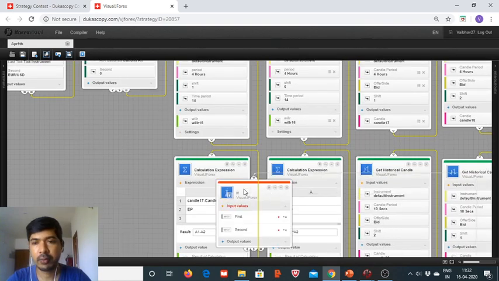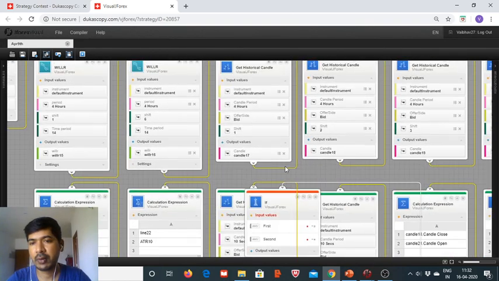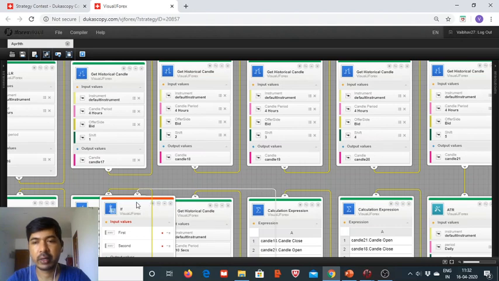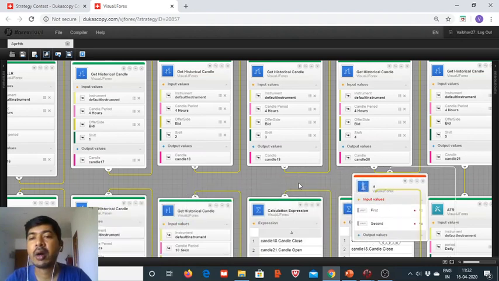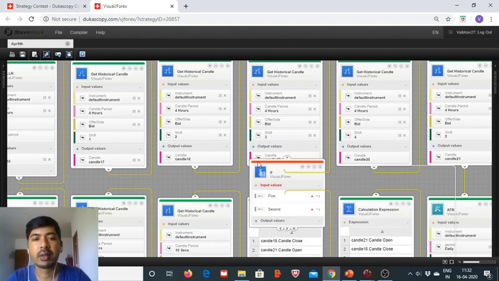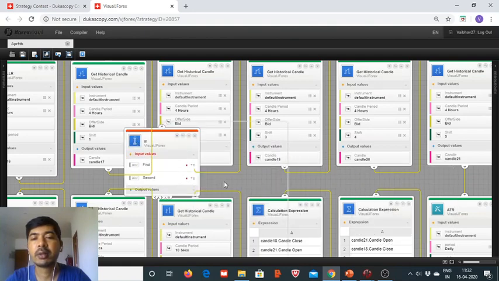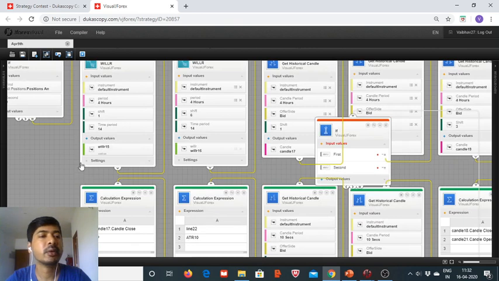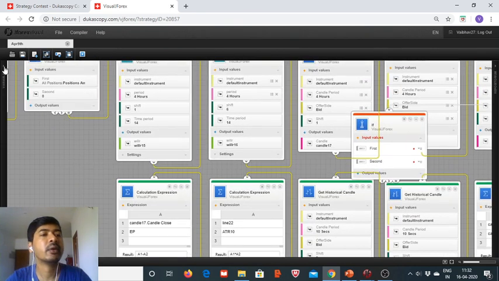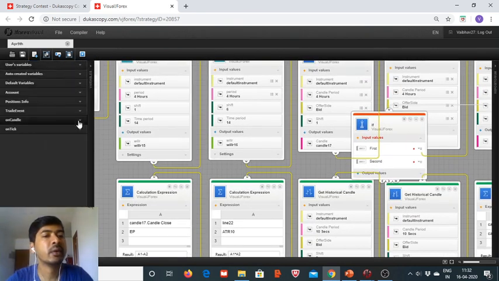So here we will compare these values and try to see. We will need now the candle 20's opening and the closing levels. So we go for the last candle.